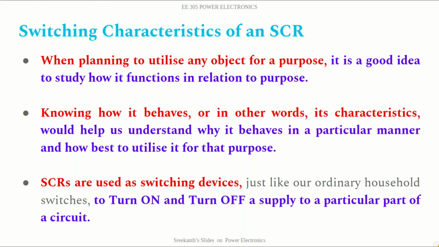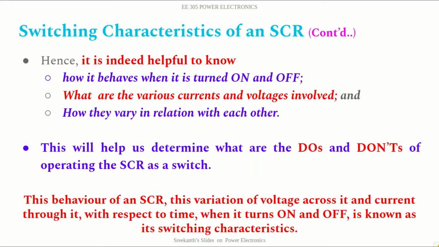Now, SCRs are used as switching devices, just like our ordinary household switches, to turn on and turn off a supply to a particular part of a circuit. Hence, it is helpful to know how it behaves when it is turned on and off, what the various currents and voltages involved are, and how they vary in relation to each other.